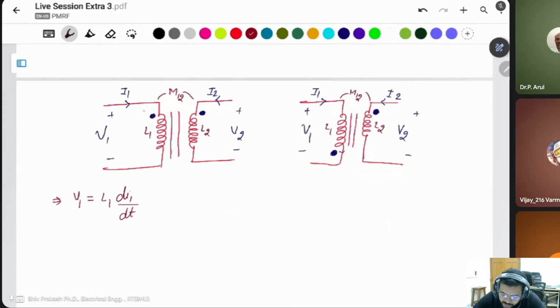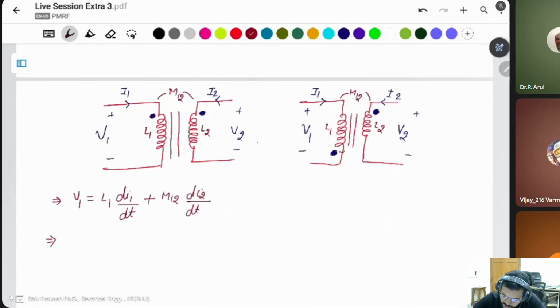Then, if the current is entering from the dot in both the primary and secondary windings, we have to take a positive mutual inductance, M12, and this mutual inductance occurs due to the secondary winding current.